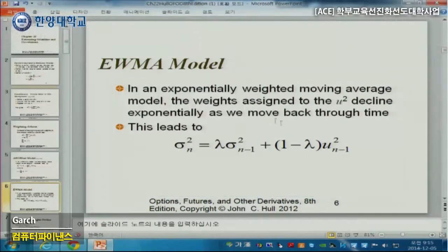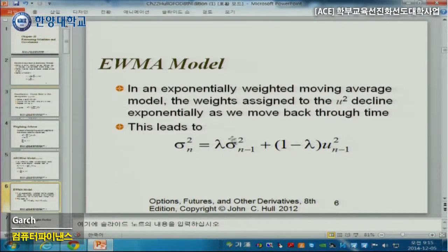The EWMA model is the exponentially weighted moving average model. The weights assigned to the u square decline exponentially as we move back through time. This leads to sigma n square being a weighted average of the variance of yesterday and the innovation of yesterday. Yesterday, from our model we had some estimate of the volatility, and then there is an innovation or shock.